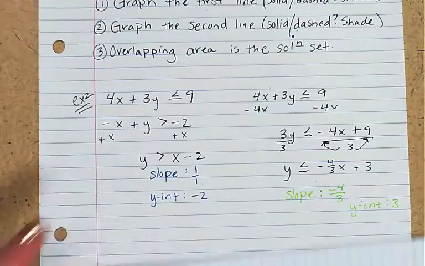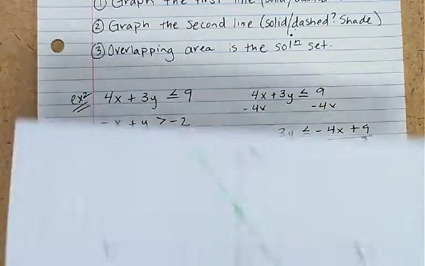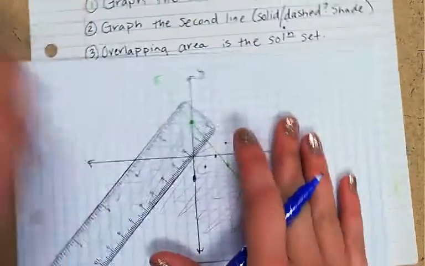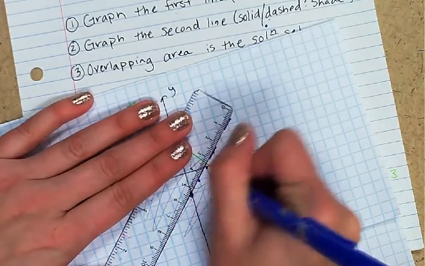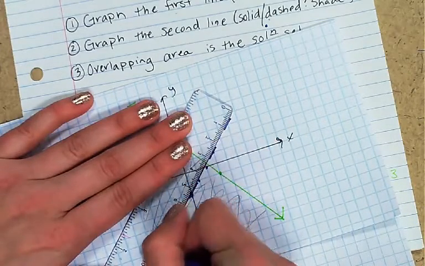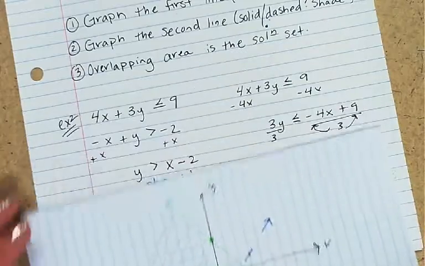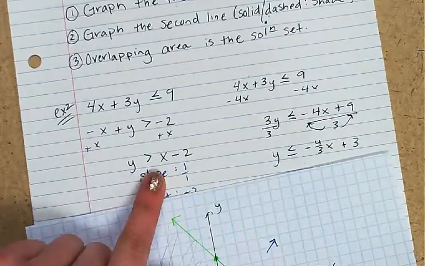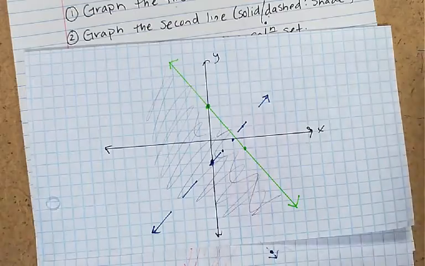This line, no equal to bar, so it's going to be dashed. And we will shade, it says y is greater than, so we are going to shade above.